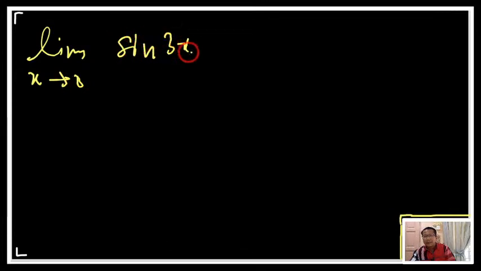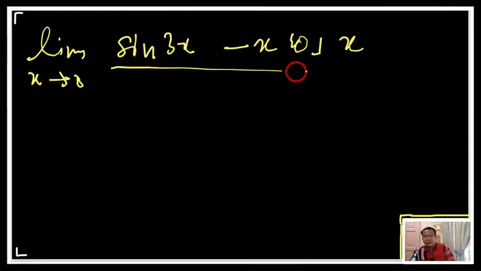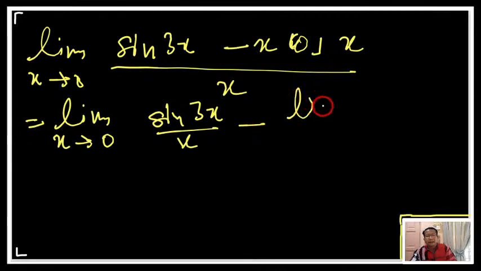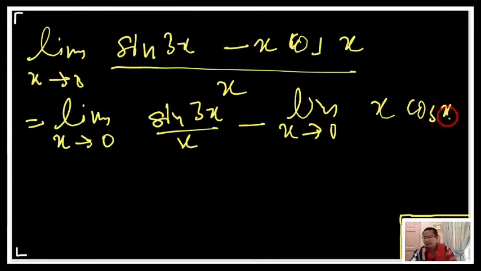Another example. Limit x approaches 0, sin 3x minus x cos x over x. Don't worry, this one is very long. But don't worry, you can separate it into 2. So you have sin 3x over x minus limit x approaches 0, x cos x.